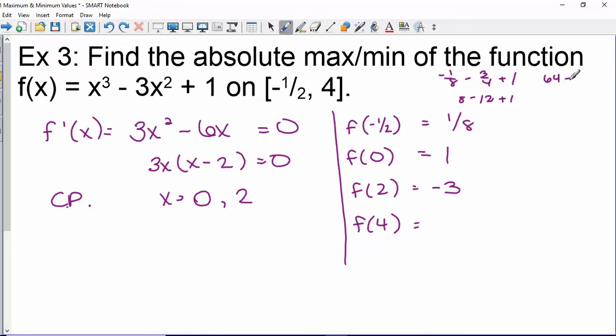Put in a 4. 4 to the third, 64, minus 3 times 16, so minus 48, plus 1, and that gives us 17. So, what's my absolute max?